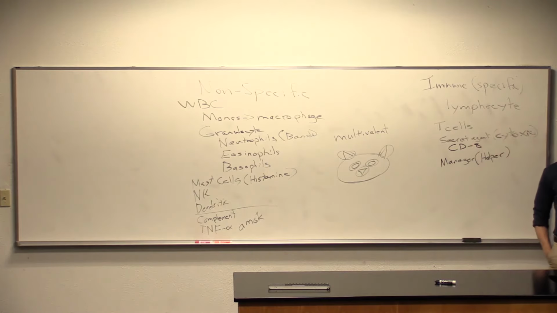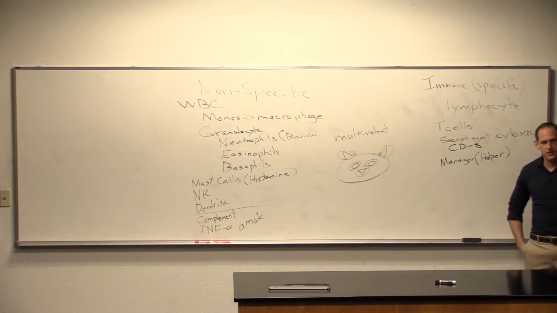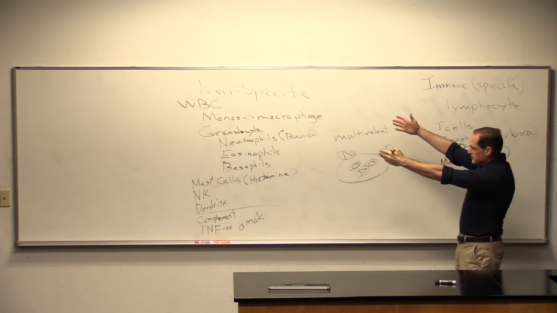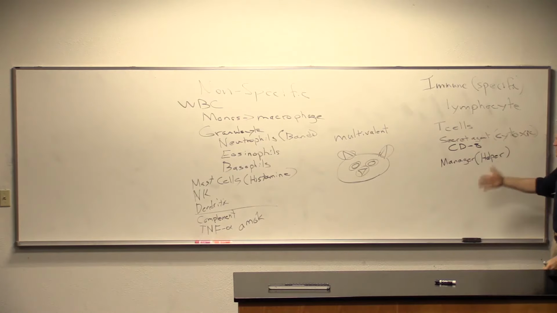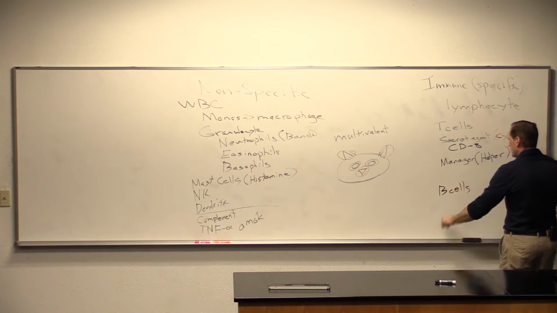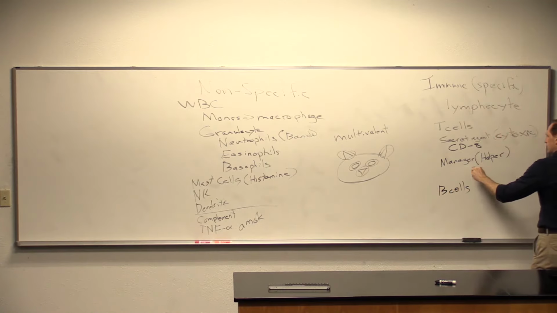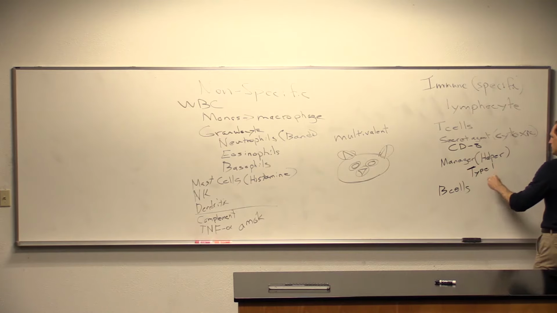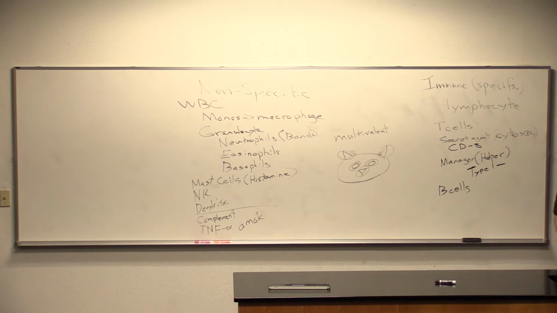And as it turns out, helper cells get a further choice. They can choose to specialize in either helping macrophages or helping B cells, which we haven't talked about yet. So I'll put B cells on here just so we can show them. So our managers have two types. Type 1, what does type 1 manage?